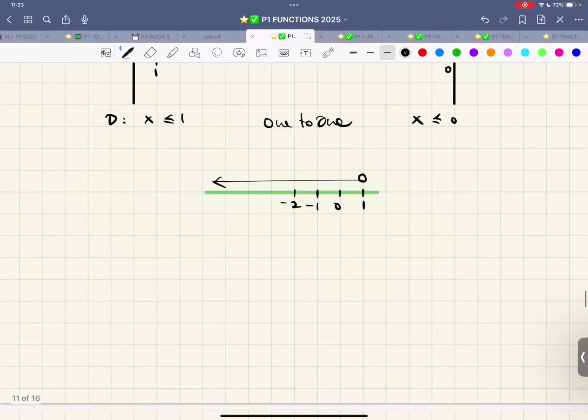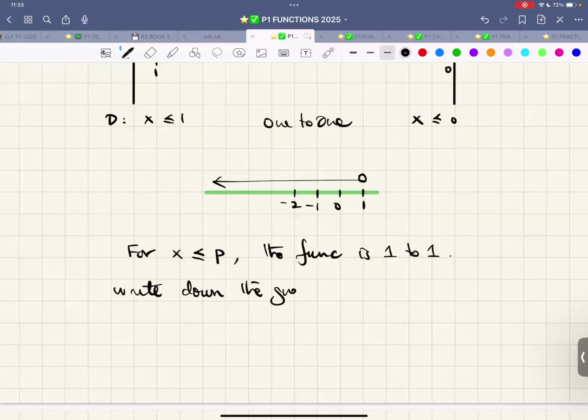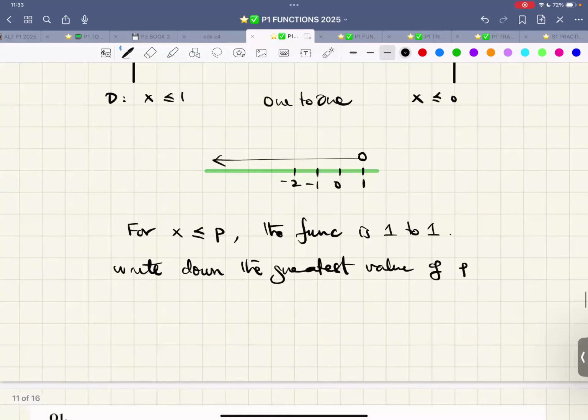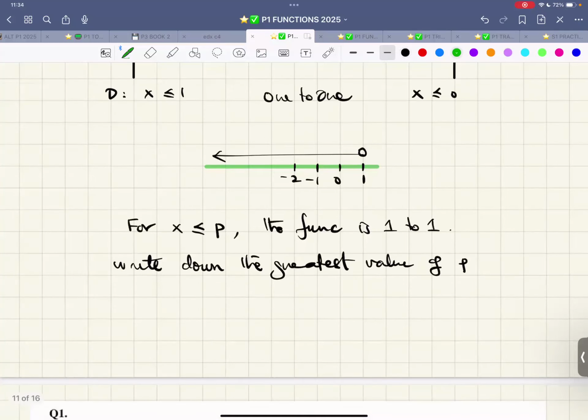Now the question they will ask is that for x lesser than or equal to p, the function is 1 to 1. Write down the greatest value of p. So now look at the inequality.